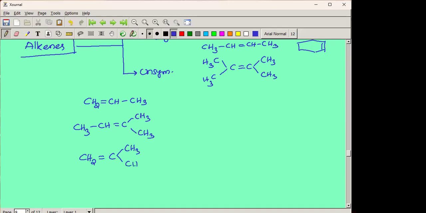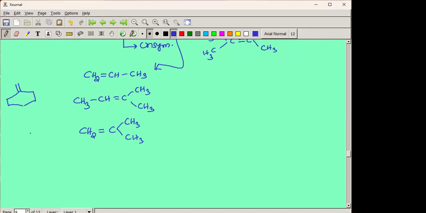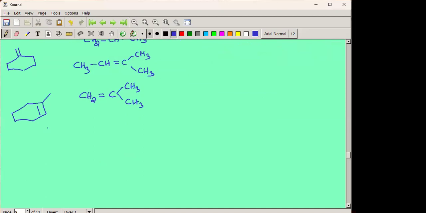This is also unsymmetrical. So these are all unsymmetrical. Similarly, is this symmetrical or unsymmetrical? Yes, unsymmetrical, sir. This is also unsymmetrical. So these are all symmetrical and unsymmetrical alkenes.